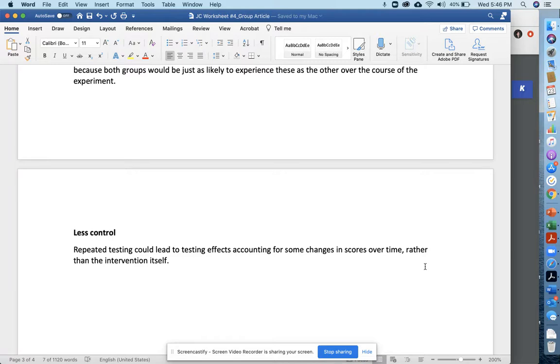If we're giving the same scale 5 times over the course of a year, the participants might get used to the PHQ-9 or the GAD-7 and know what it's measuring. Their knowledge of that may influence how they answer those questions, rather than it being the intervention itself.